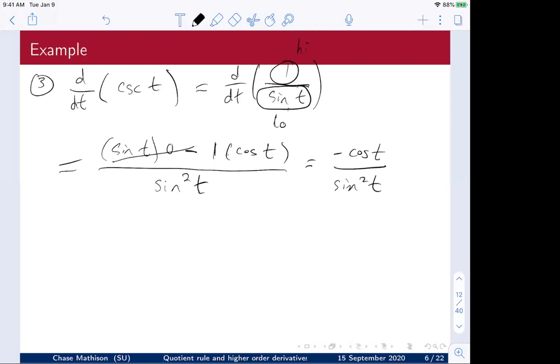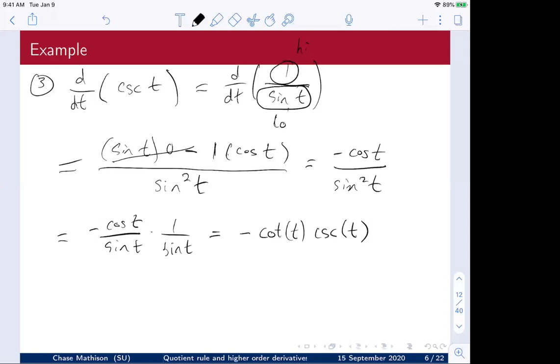Most people typically write this as, they break it up again into cosine of t over sine of t times 1 over sine of t, which gives you negative cosecant, or well, I'll write it in order. Negative cotangent t times cosecant of t. Any questions on these examples?